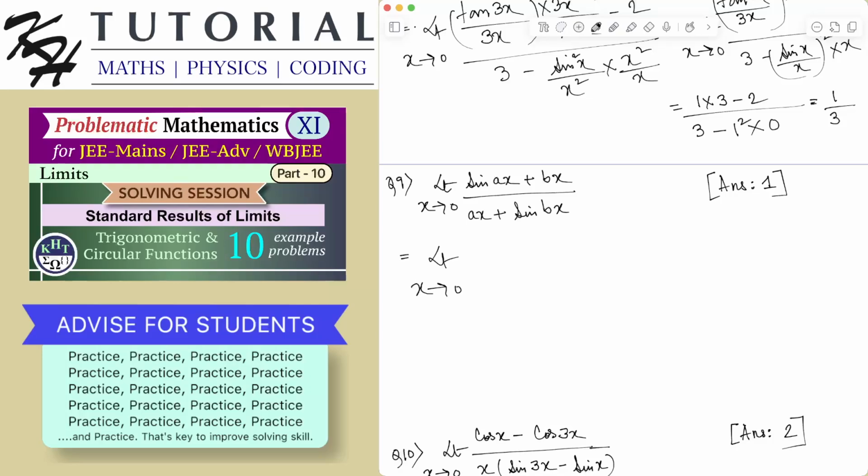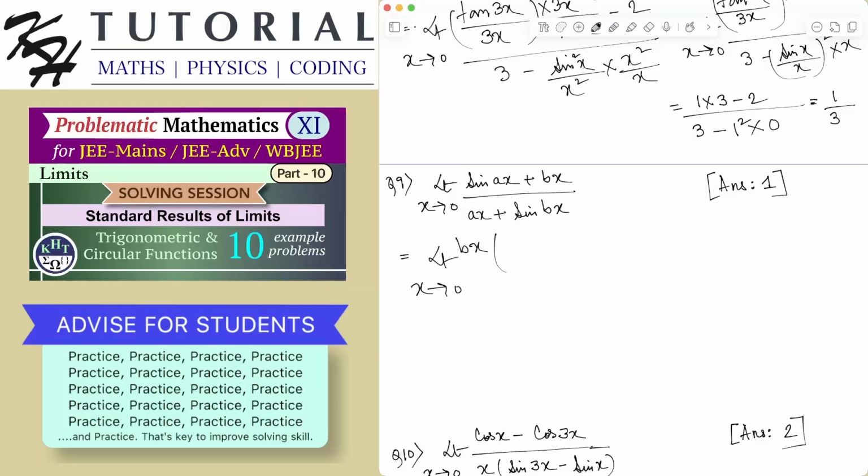In fact, you can factor out the bx from the numerator and ax from the denominator. So I am taking bx as a common factor from the numerator.